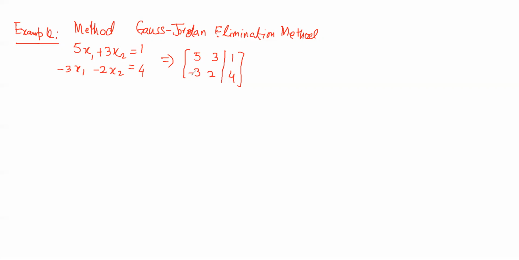So we multiply the second row by 5, and that will be the new second row. The first row will remain the same: 5, 3, 1. The second row becomes -15, -10, 20.